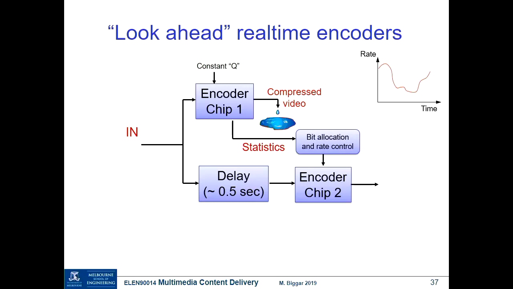We haven't got the whole program, because it hasn't happened yet, over which we can decide to allocate bits, but at least we can look ahead for the next half a second or so, and if we see that there's about to be a spike in bits required because there's a scene change and there's a lot of action because it's a sports segment that's starting up or something like that, then we can save some bits for some frames. We can drop the quality and accumulate some credit of the bits that we have available, and then use them when they're needed.